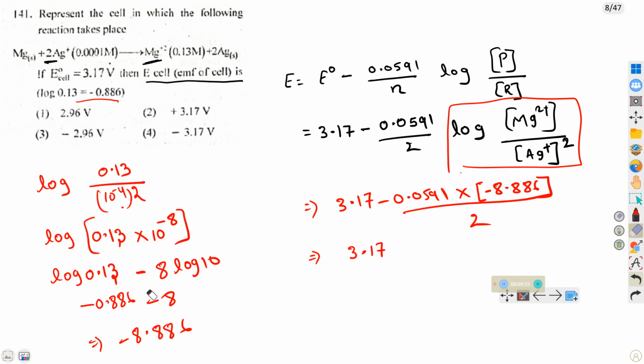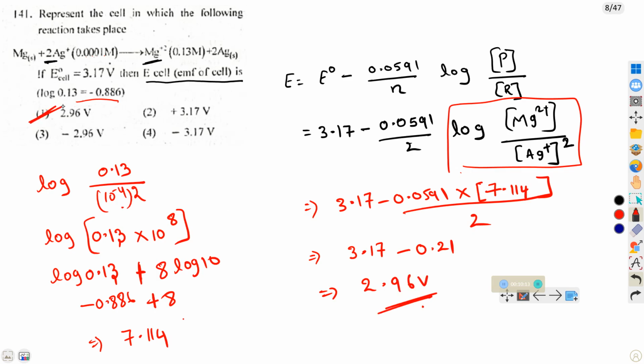See, I made one mistake here. 10 power minus 8 reciprocated is 10 power 8, so here the symbol is plus. Now you simplify, then you will get 7.114. Substitute 7.114 here. Now simplify. 3.17 minus 0.21, that is equals to 2.96 volts. First option correct.